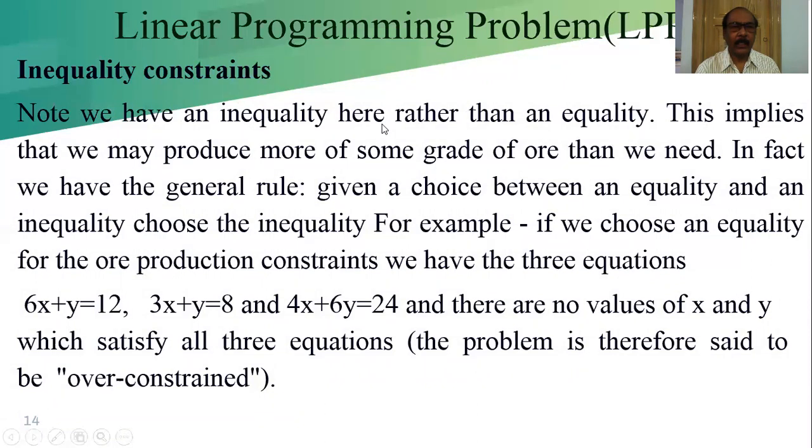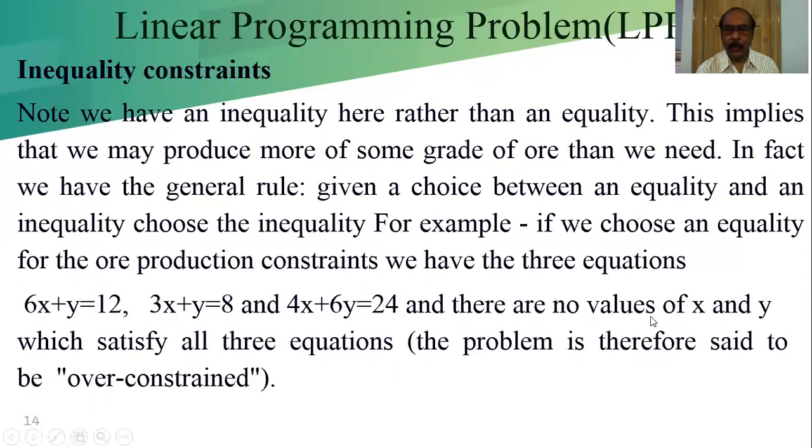Given a choice between an equality and an inequality, choose the inequality. For example, if we choose an equality for the ore production constraint, we have 3 equations: 6x plus y equal to 12, 3x plus y equal to 8, and 4x plus 6y equal to 24.